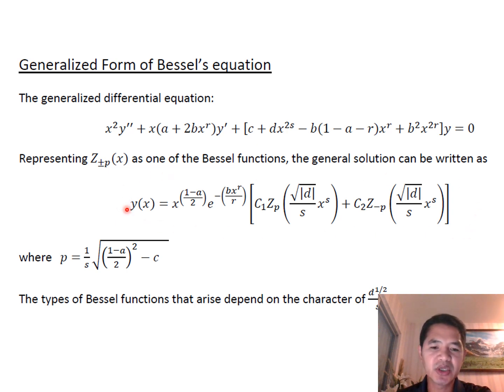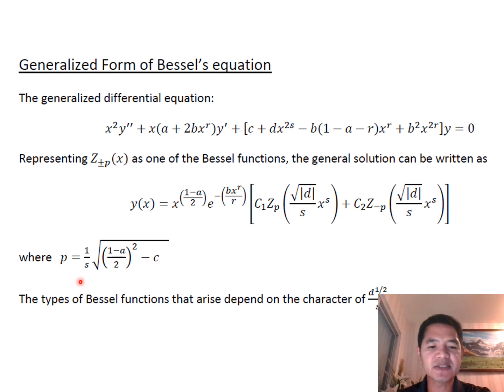y(x) equals x to the power (1 minus a) over 2, times e to the minus b x to the r over r, times this parenthesis, where c1 is a constant, z_p, and p is equal to 1 over s times the square root of ((1 minus a) over 2) squared minus c.